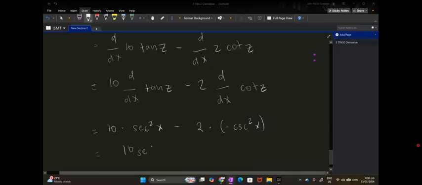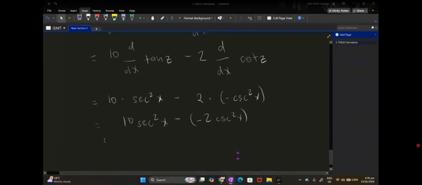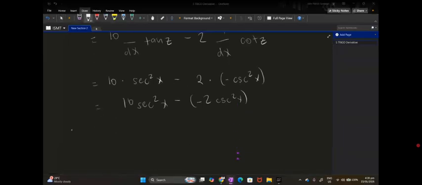It's gonna be 10 secant squared x minus negative 2 cosecant squared x. Ngayon, aayusin natin yung negative. So, the derivative of z of x, or the z prime of x, is 10 secant squared x plus 2 cosecant squared x. So, this will be our second derivative.